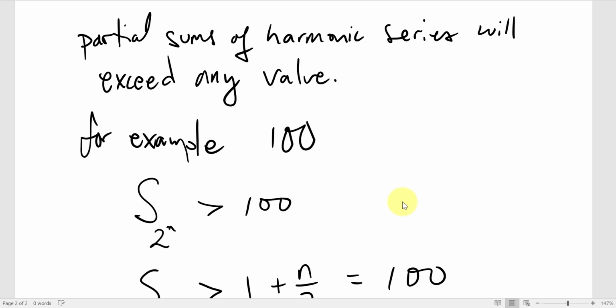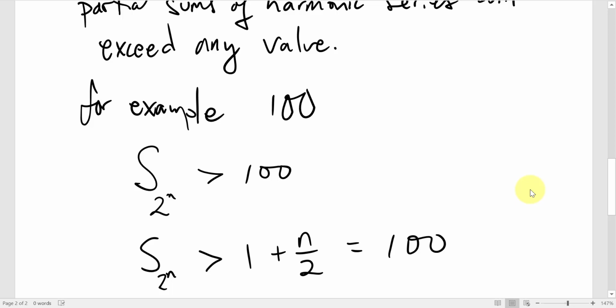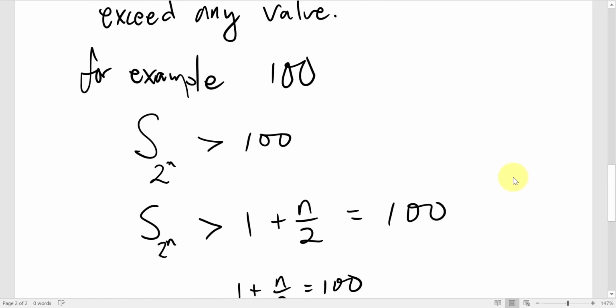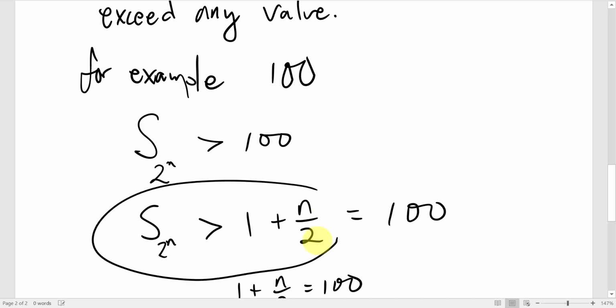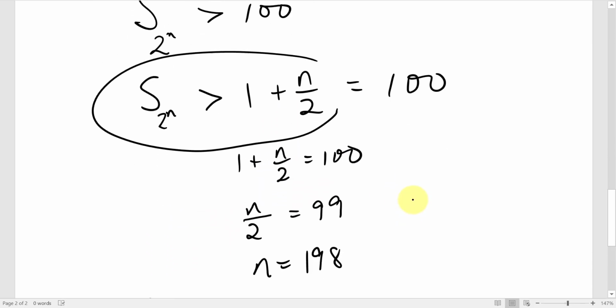In other words, how many times do you have to double the number of terms to be larger than 100? Because you can pass any value. I just picked 100 because, why not? We just established that the nth partial sum will always be larger than this. So I'll just set that value equal to 100 and solve for n.